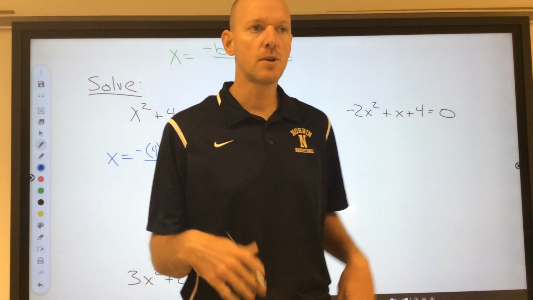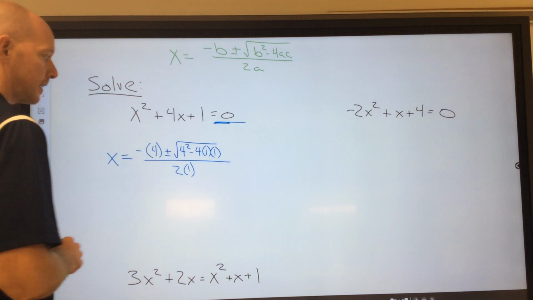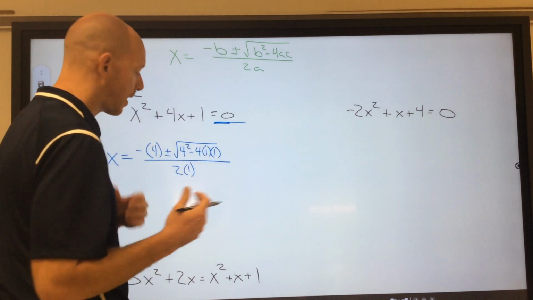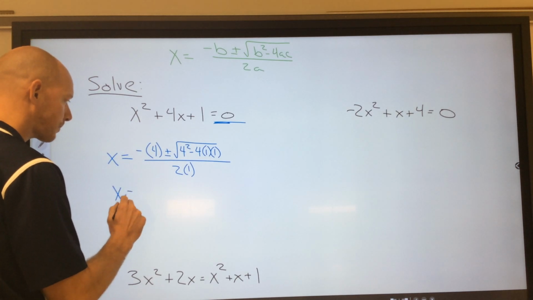You can have different ways that you want to evaluate this once you have all the values substituted in. I typically like to work with that discriminant area first, but I'll simplify a little bit of everything here in my first step.